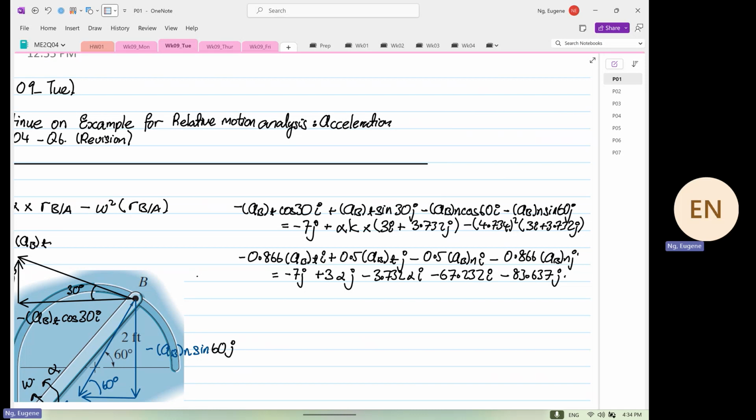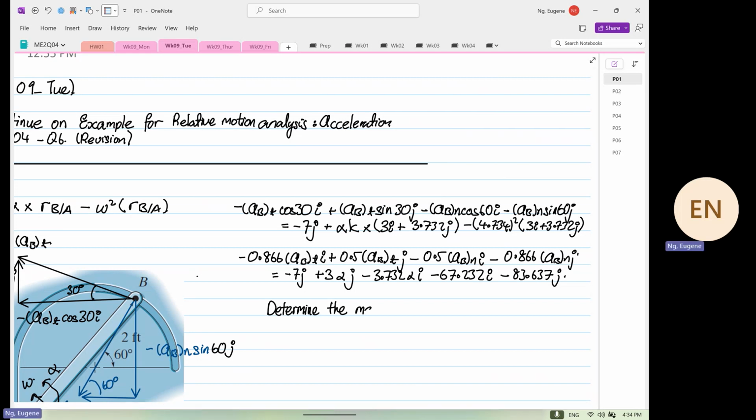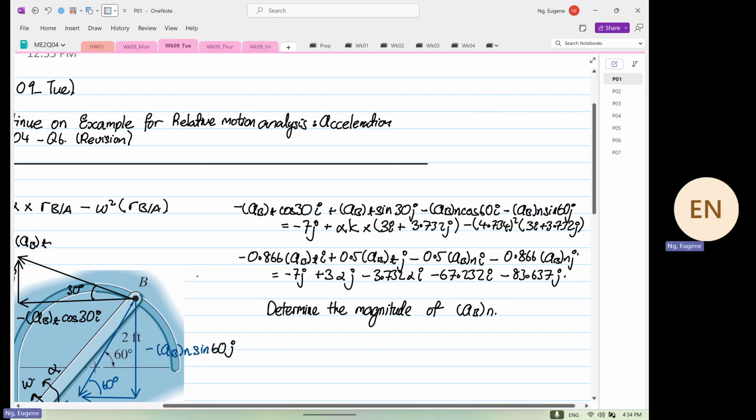So we have one long equation, we have two unknowns, but we know that we can determine the magnitude of AB normal.